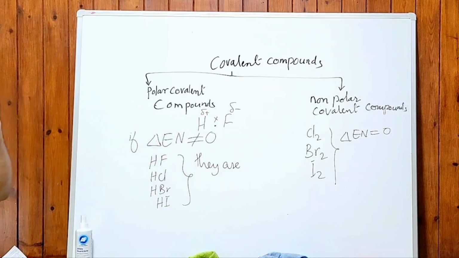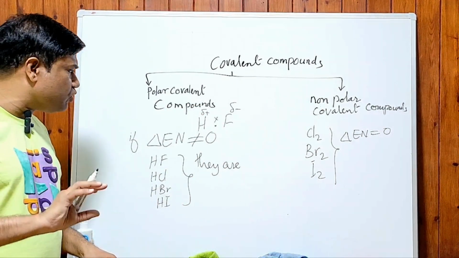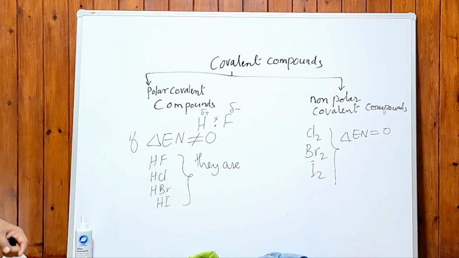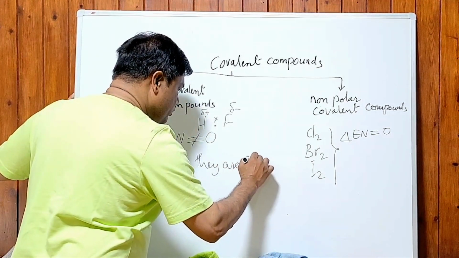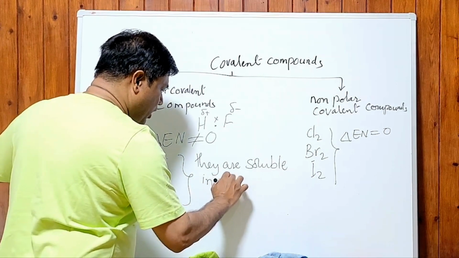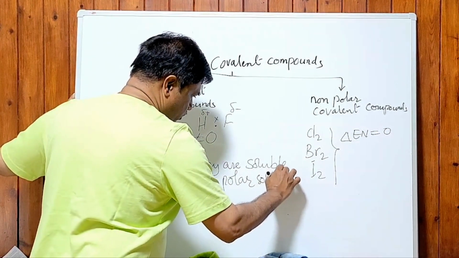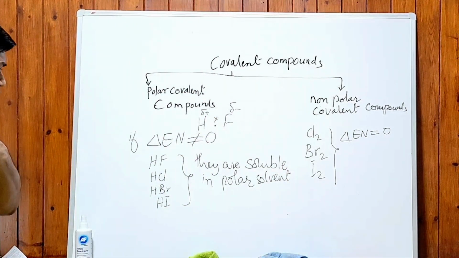No doubt there is a charge distribution which makes the molecule slightly ionic. That's why they dissolve in polar solvents. Water is a good polar solvent, and so is ammonia. They are soluble in polar solvents.